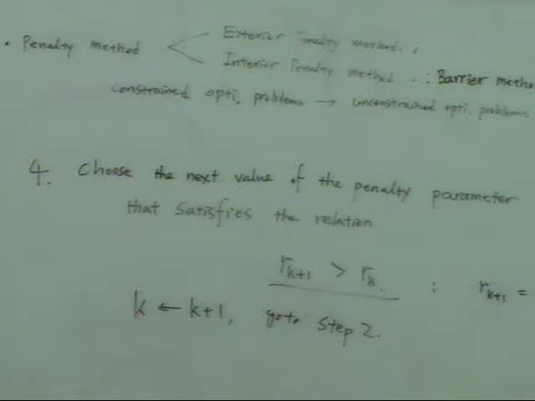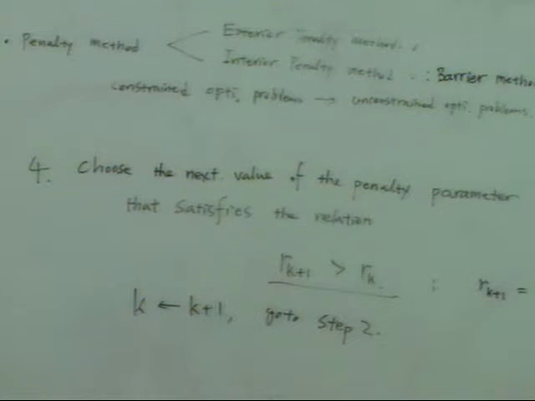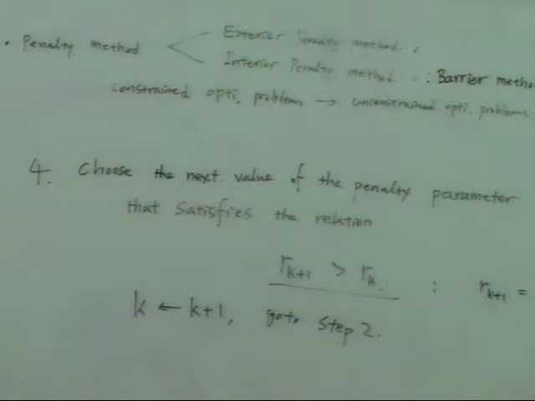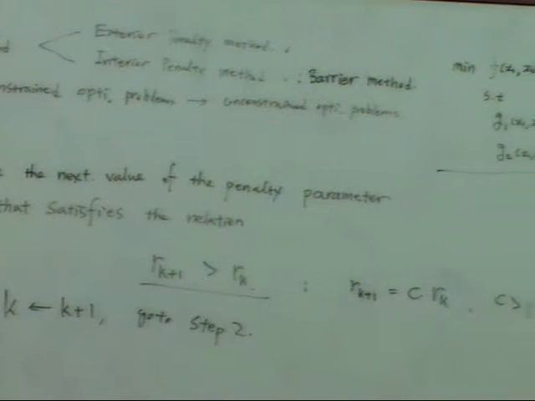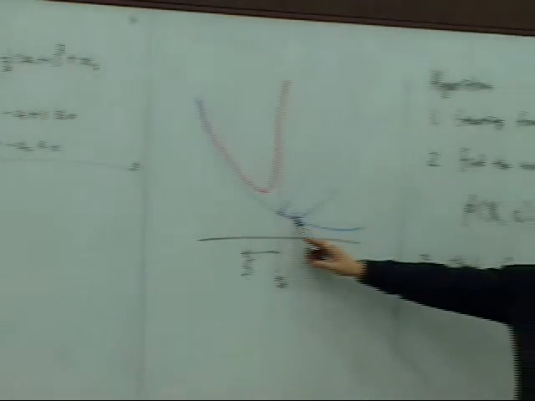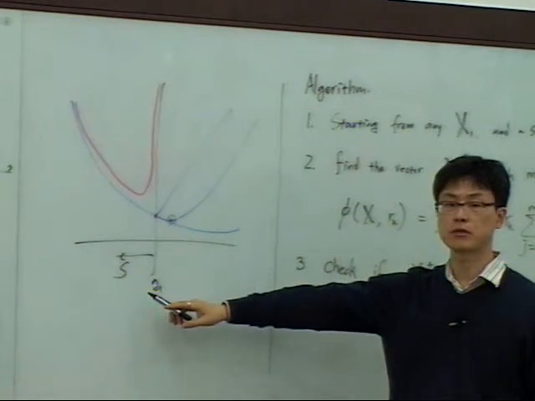For example, your q or r sub k should be randomly chosen at the initial stage. If you know the problem characteristic, you can choose this value more cleverly. However, it's just an initial guess. Based on that, sometimes if your q value or r sub k value is not large enough, you will end up outside of this feasible region.